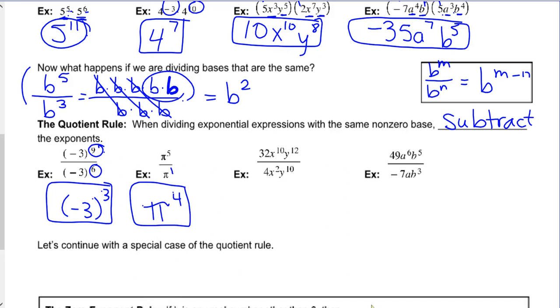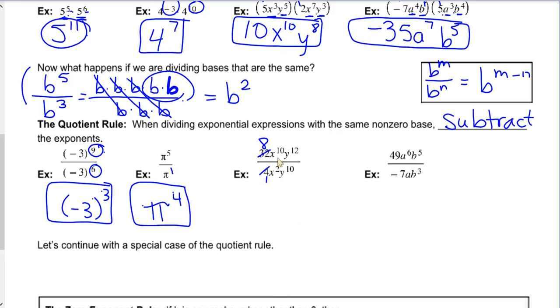Now these two examples we turn to just like we were doing up here, where we did our numbers together, then we did our x's, then we did our y's, and same for a's and b's over there. So I'm going to do 32 divided by 4. If I do a canceling type thing, 4 goes into 32 8 times. Technically this should be a 1, but that's not going to do anything to my answer.